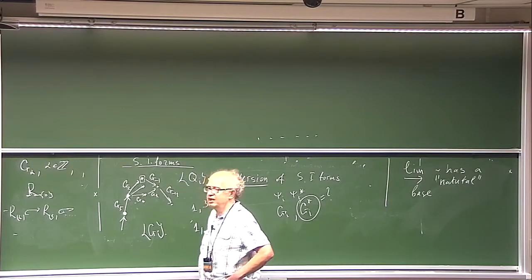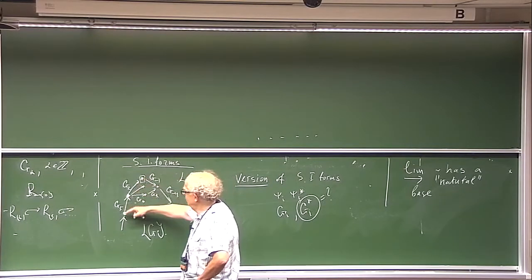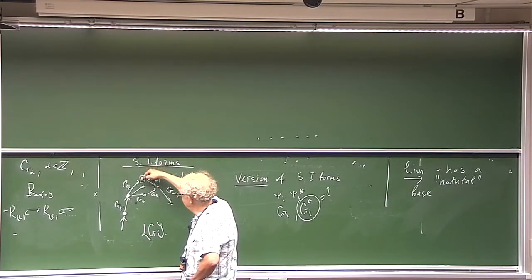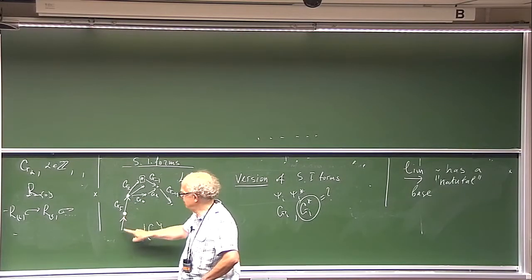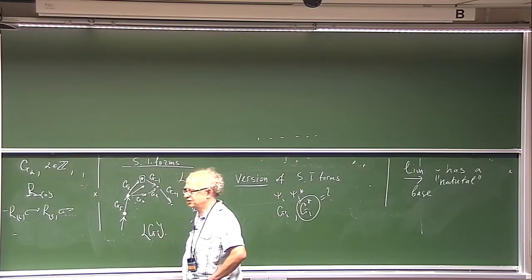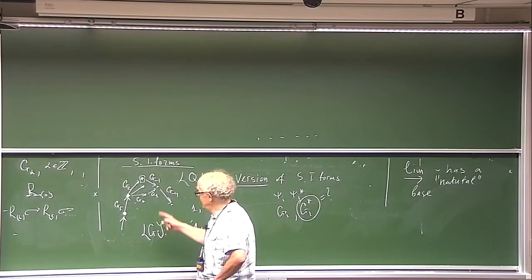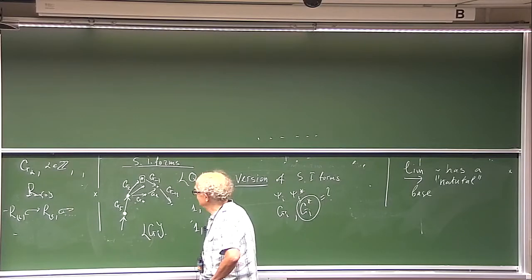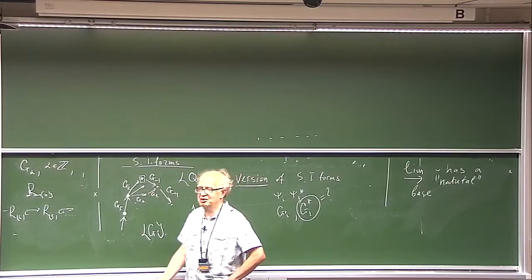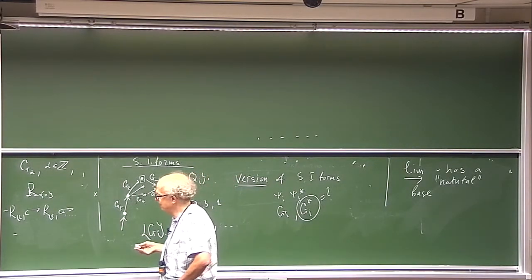But it is another way to describe the same space. If we look at this space, I have this vector, then I have something generated from here, then something generated from here, from here, from here, and so on. Such subspaces become bigger, bigger, and bigger, and the whole space is the direct limit of such subspaces.